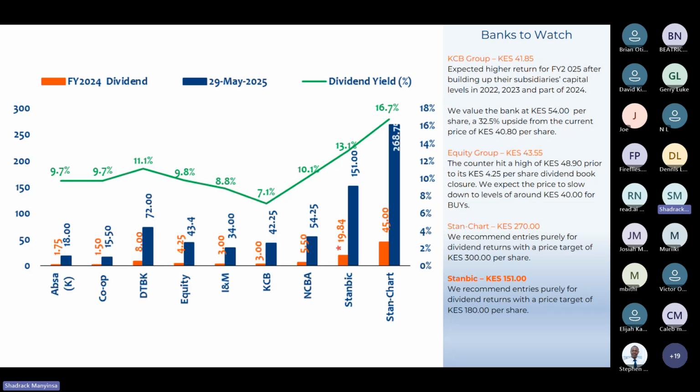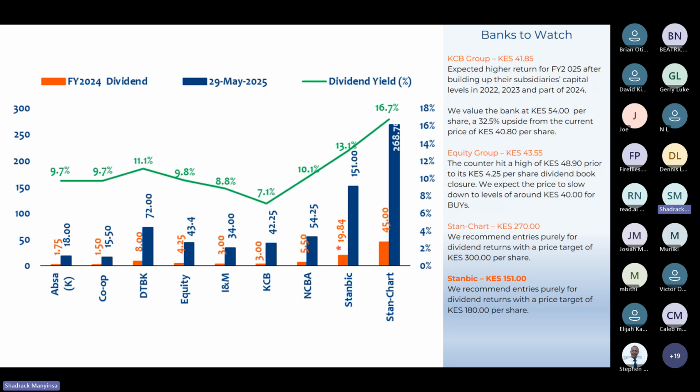Now, banks to watch: we maintain our focus on KCB trading at 41. We value the stock at around 54 shillings, because we expect them to close the disposal of NBK by end of June, as they had said. In the long term they are expected to reduce their operation costs, especially on technology.